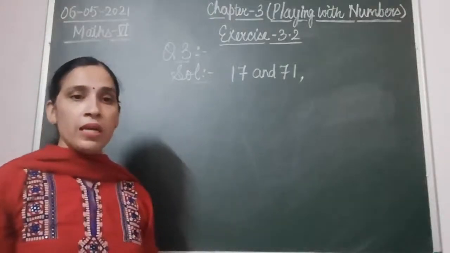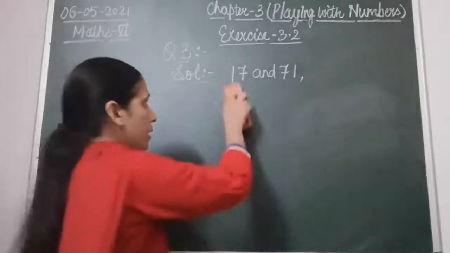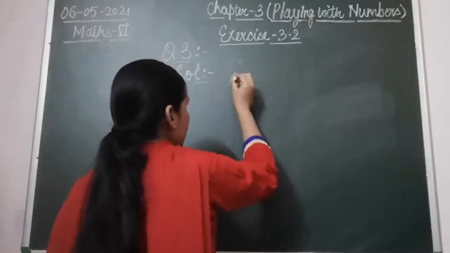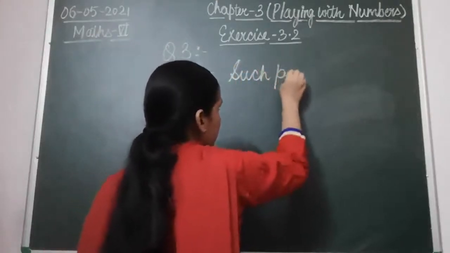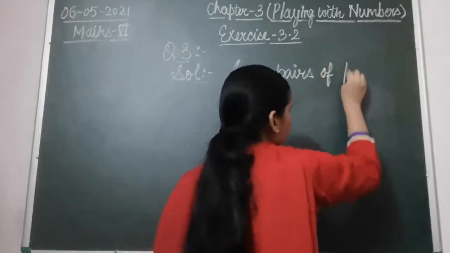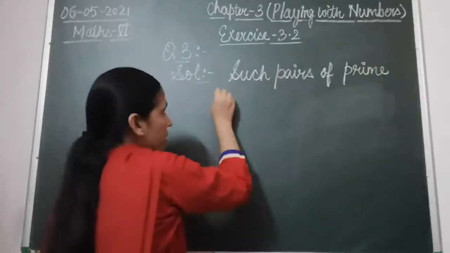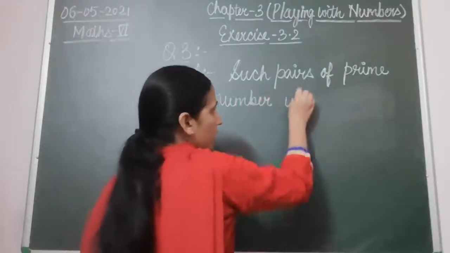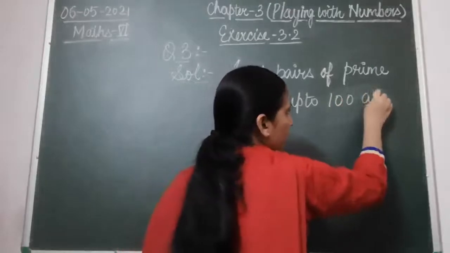Fine. Or you can write this line: such pairs of prime numbers up to 100 are.